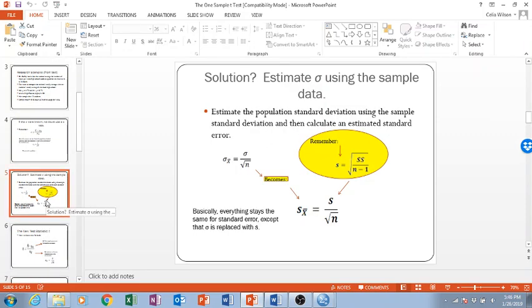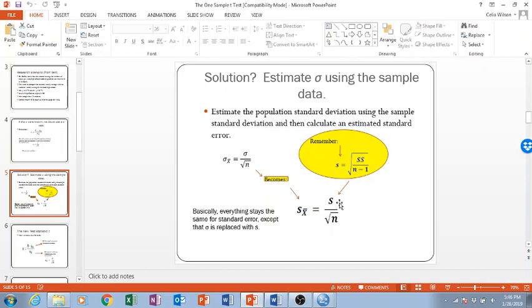So the fix, or the adjustment we use, is to estimate the population standard deviation using the sample standard deviation. And then we'll calculate an estimated standard error. So instead of this standard error formula, which is what we used before, we're going to make a change and call this the estimated standard error.